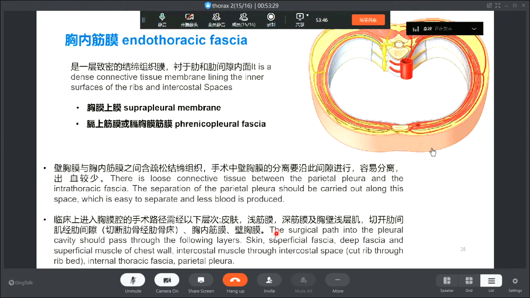So if you use the needle, okay, I can use this part.